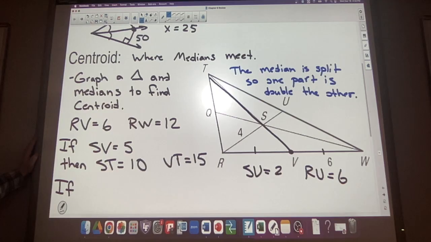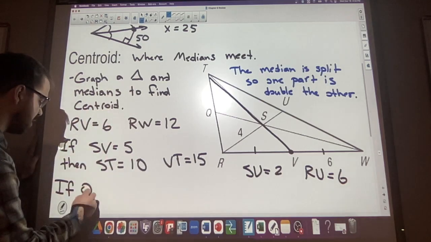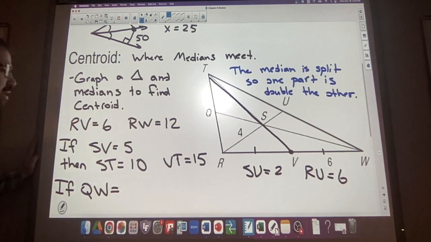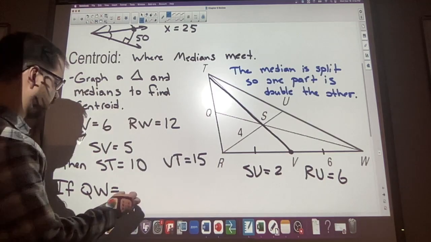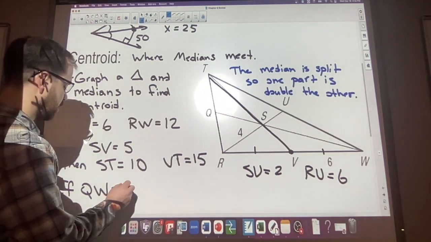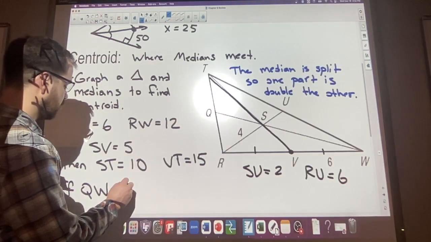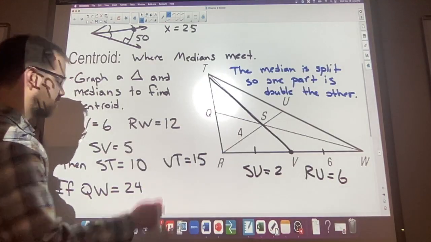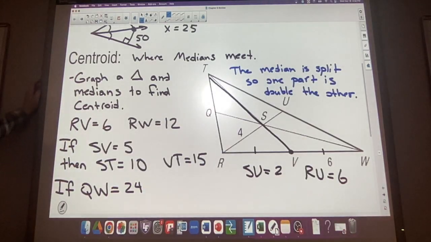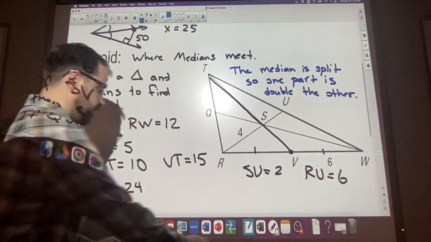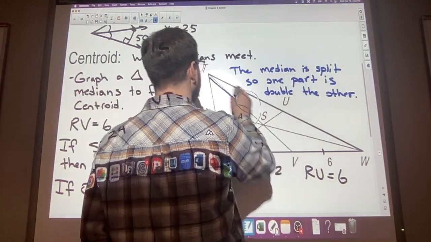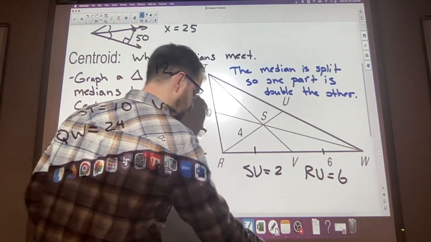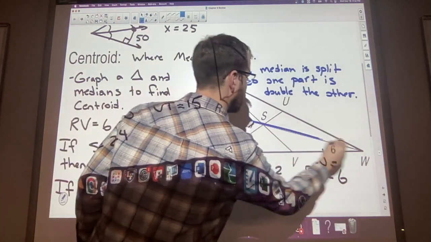A more difficult one would be if they gave you something like, what haven't we used yet? Okay, let's say QW. If QW equals, I don't know, let's say something like 24. Yeah, that's a good one. If QW equals 24, then you need to find the other two. So this whole thing is 24.